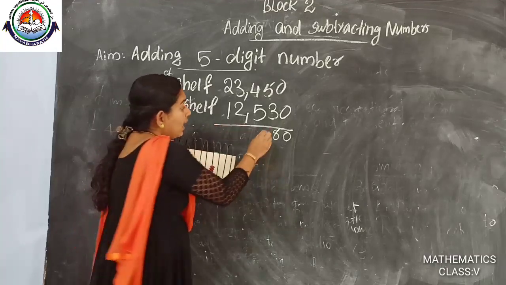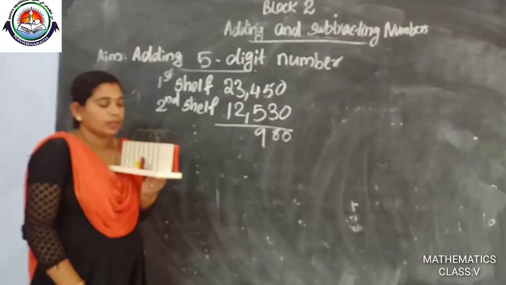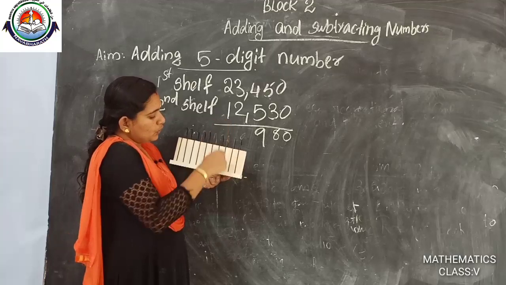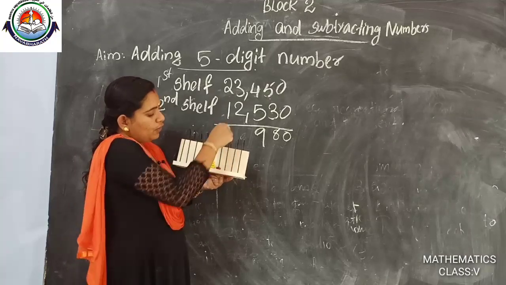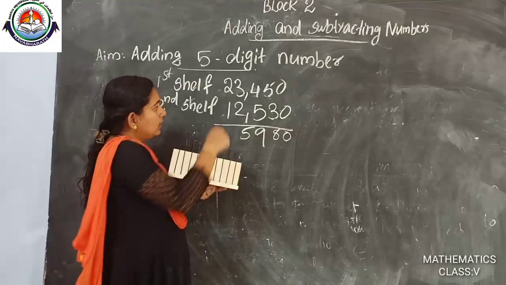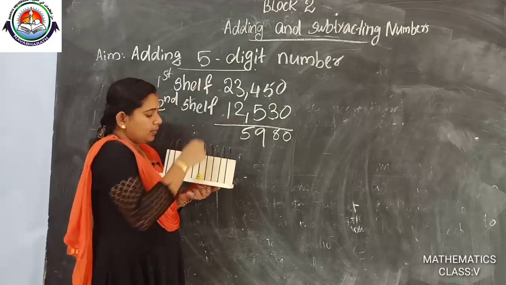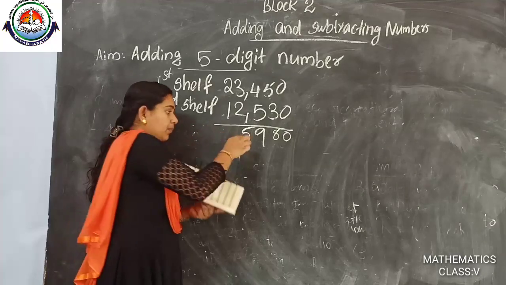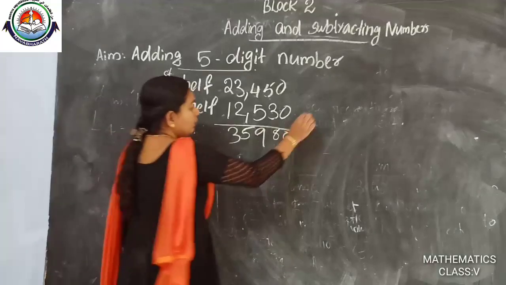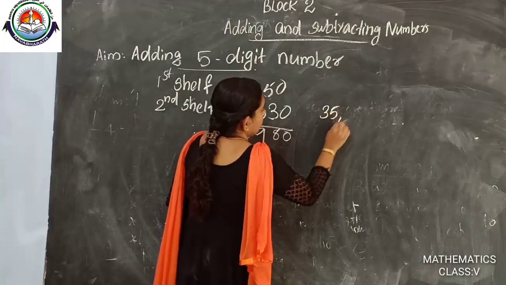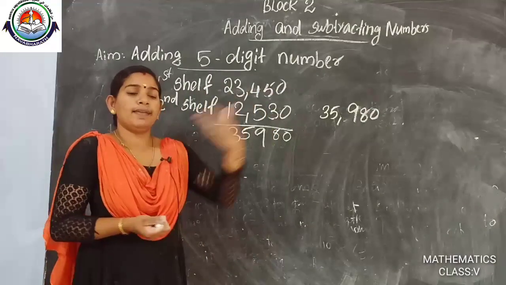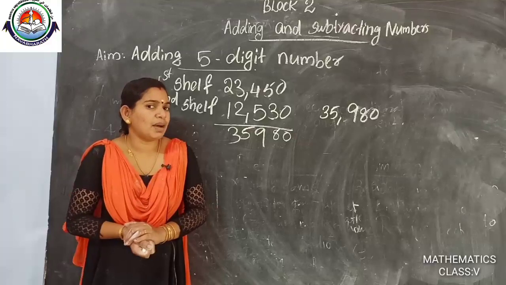How many beads? 9. Okay. Then the thousands place: 1, 2, 3, 4, 5 beads. Then the ten-thousands place: 1, 2, 3. So what is the number here? 35,980.